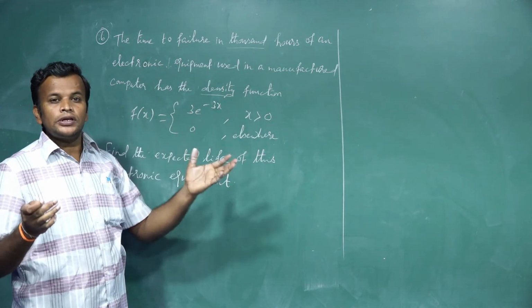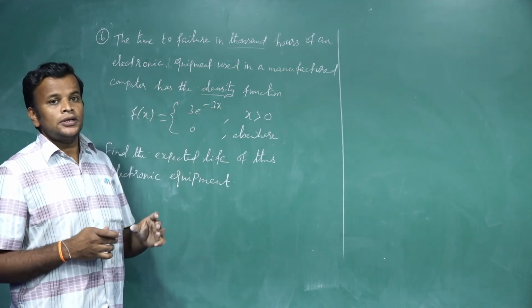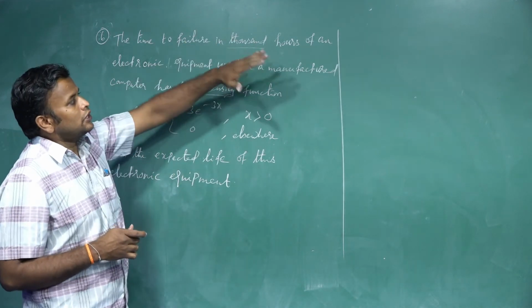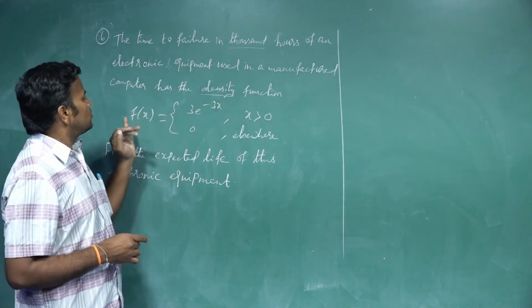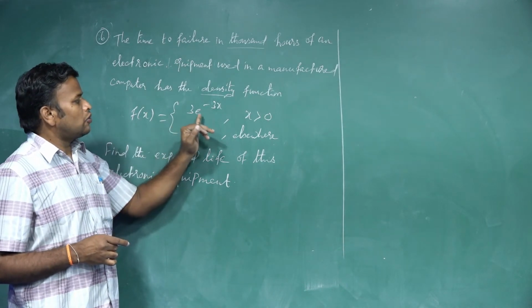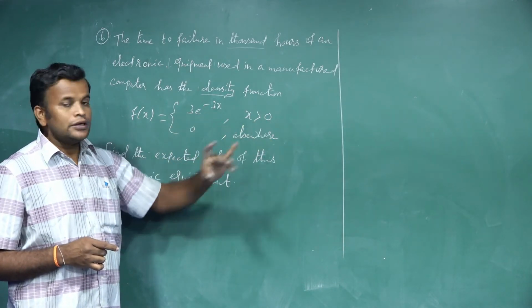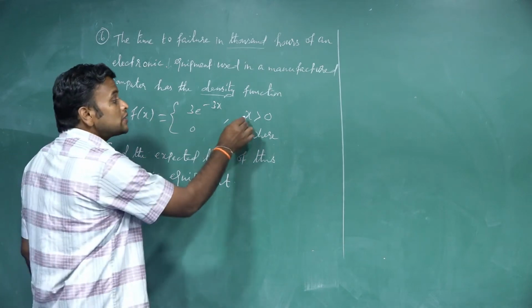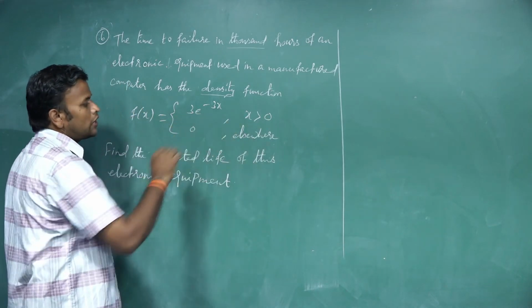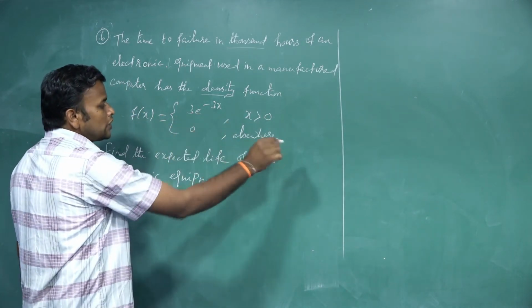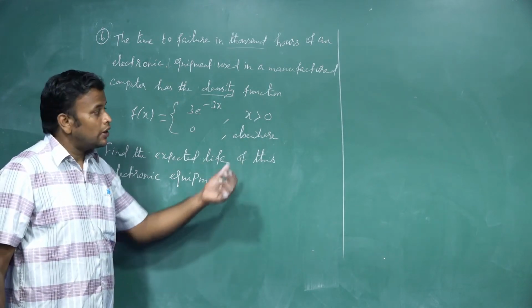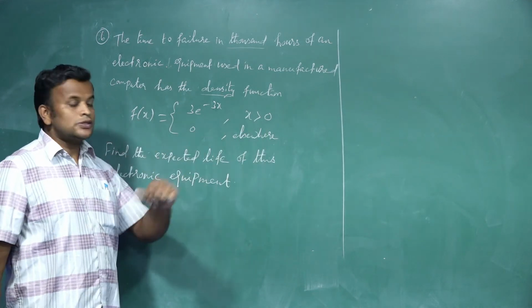But not all computers last 1,000 hours of working. Some computers will fail in less than that also. The function value is given as 3 into e power minus 3x when x is greater than 0, that is, when x is a positive value, and 0 elsewhere. That means when x is a negative value, f of x is 0.